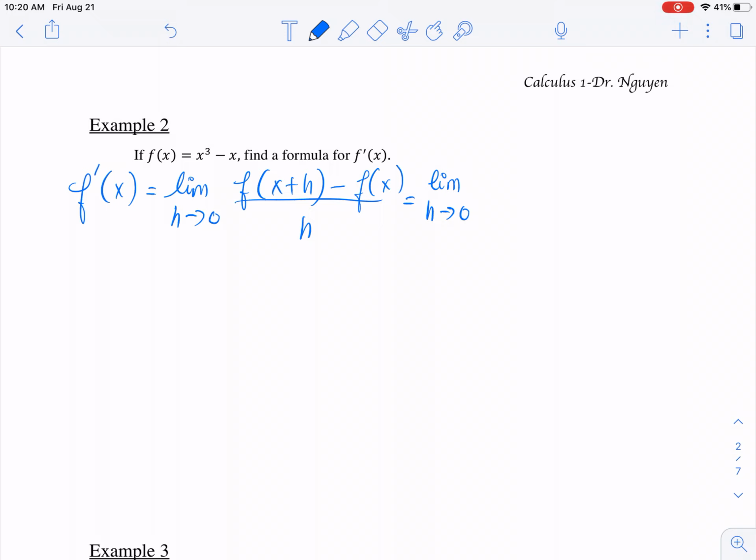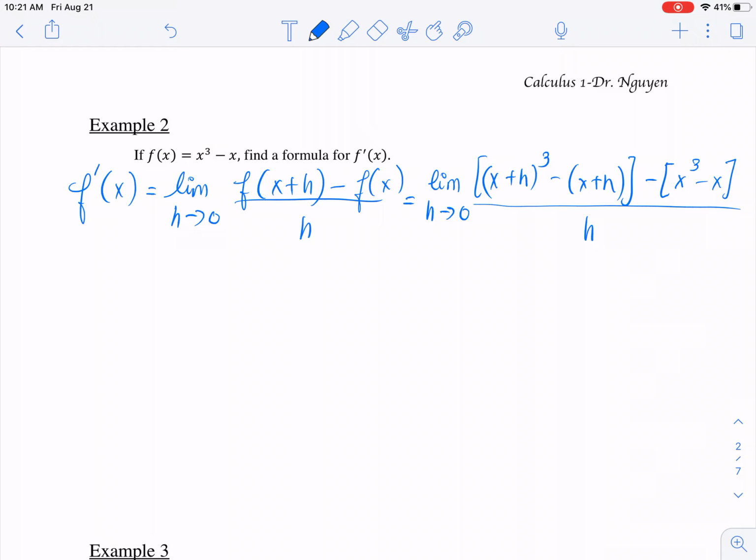We have x cubed, so I'm going to do x plus h, and we have to cube it, minus x plus h, and then minus x cubed, since f of x is x cubed minus x, over h. Make sure you FOIL and do all of that algebra work.